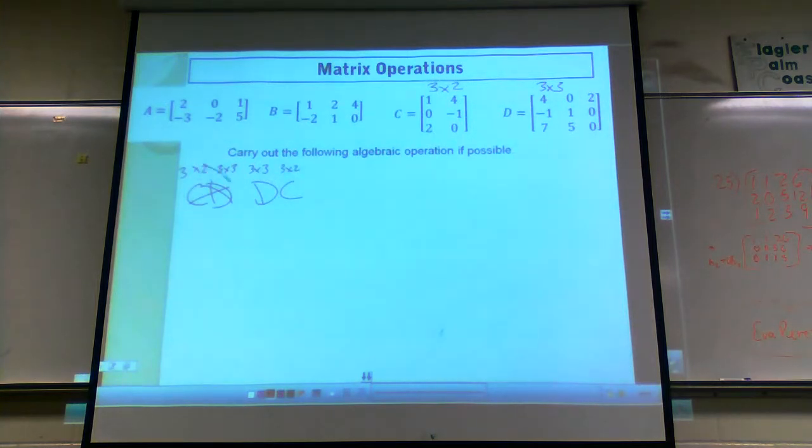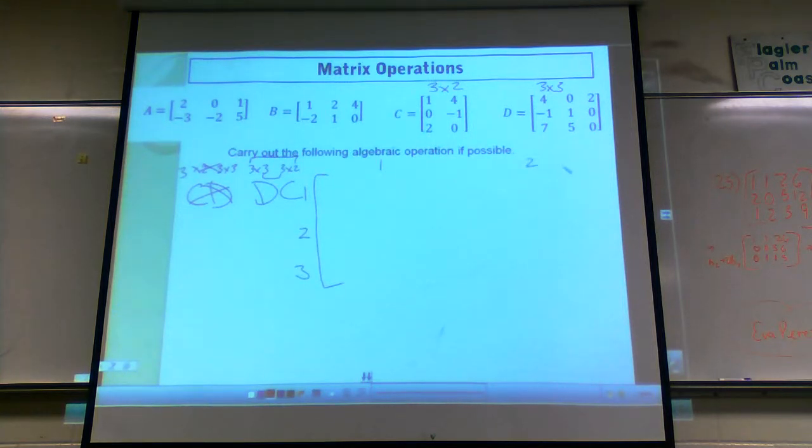That one I can't do because those didn't match up, but I can do it this way because now the numbers match. So the 3 and the 2 right there tell me how big of a matrix I'm going to end up with. If I do D times C, I'm going to end up with a 3 by 2, so 3 rows and 2 columns.